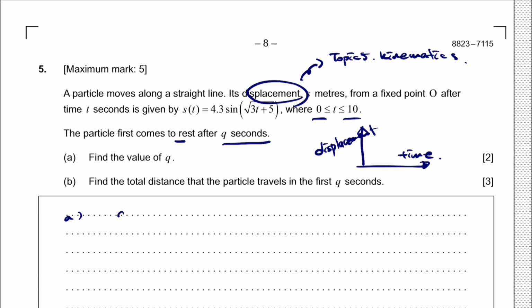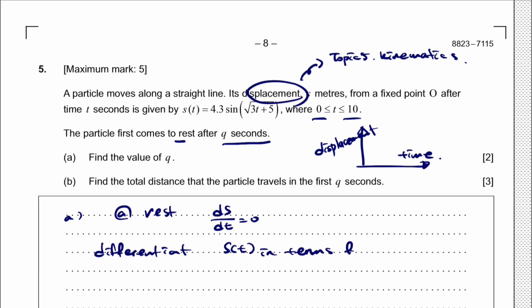When at rest, the derivative of the function s is equal to 0, right? So we need to differentiate our function s of t in terms of t to find our q value.